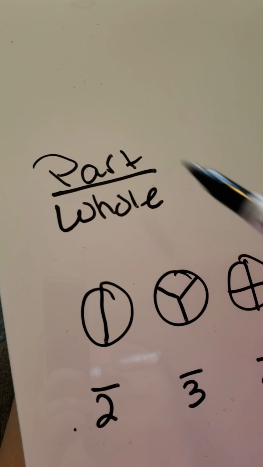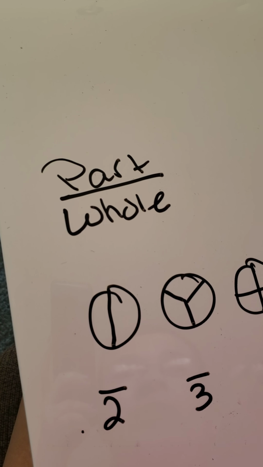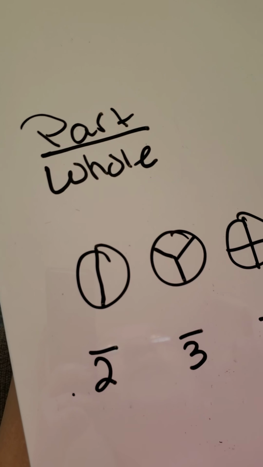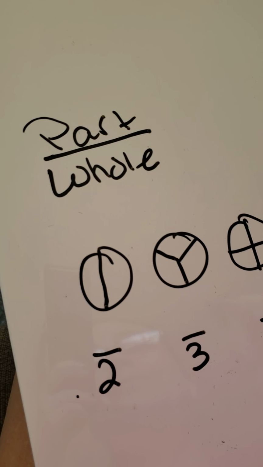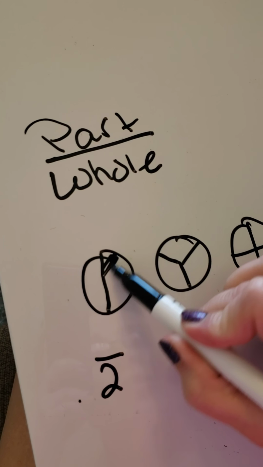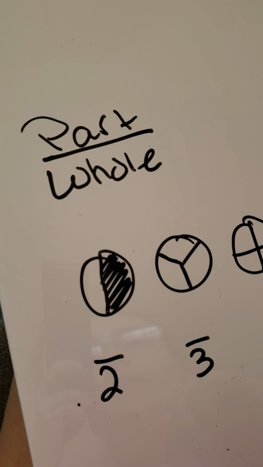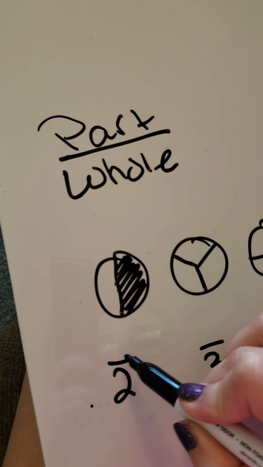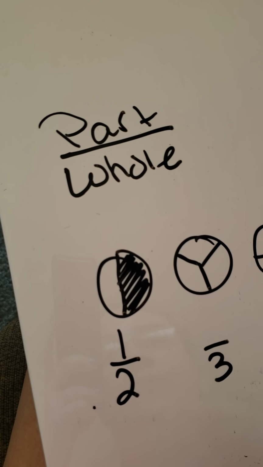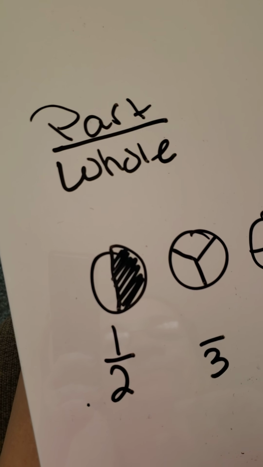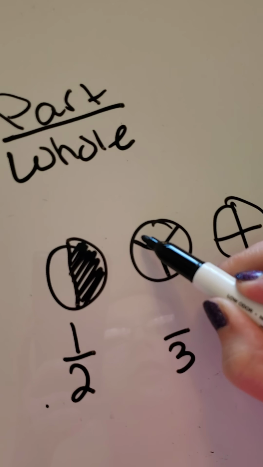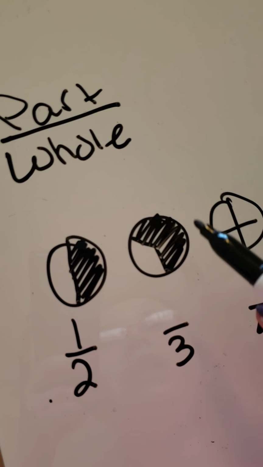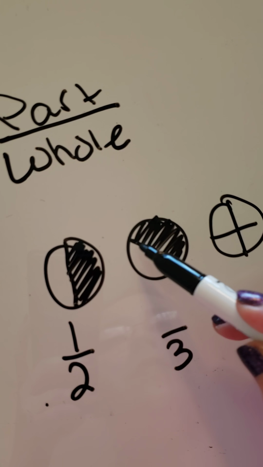Now, to get the part, the top number, we can get the numerator by doing 2 different things. One is we can say how much is left over or how much is missing. I love pie, so I'm going to eat some pie and shade in some pie. How many pieces of this pie did I eat? Just one piece out of a 2-piece pie. Over here, I'm going to shade in 2 of them. So I ate 2 pieces out of a 3-piece pie.